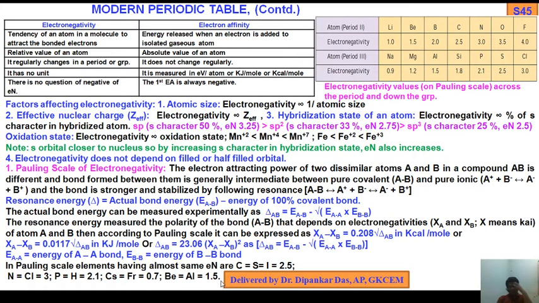So this is the Pauling scale electronegativity. We should remember this, and also the mathematical expressions of the Pauling scale of electronegativity.